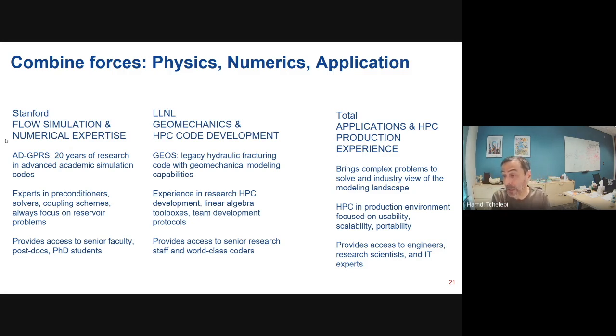It's really combining forces of multiple organizations. So at Stanford, we've had a very long history of building reservoir simulators for flow and transport in porous media. In Livermore, there is a long history, a distinguished history of doing geomechanics and high-performance computing, all the way to actually co-designing the hardware architectures. So we've taken full advantage of that.